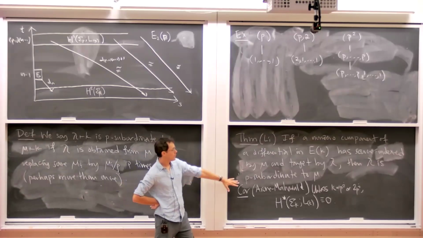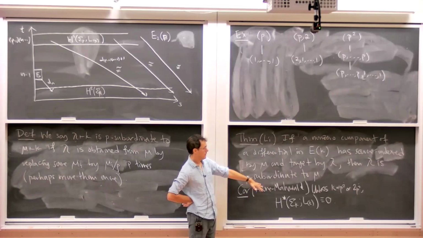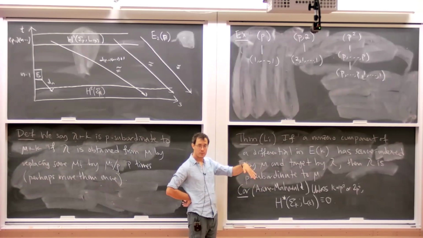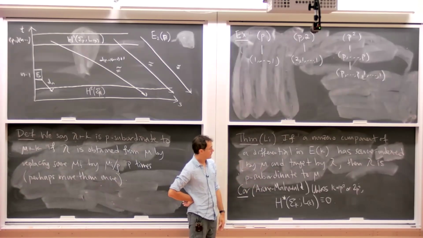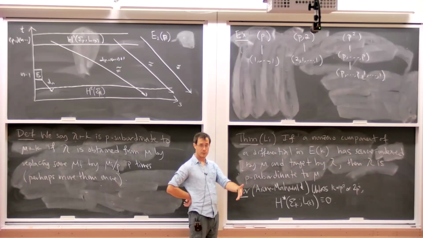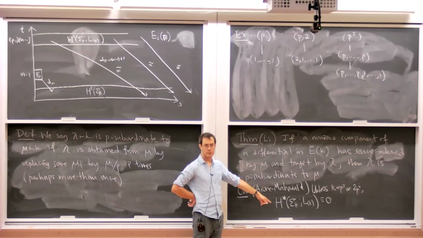But what Arone and Mahowald used this for is to calculate the layers of the Taylor tower, the Goodwillie tower, in the sense of Goodwillie calculus, evaluated on spheres in the category of Vn periodic spaces. And they show that most of the layers of that tower vanish using this vanishing result.